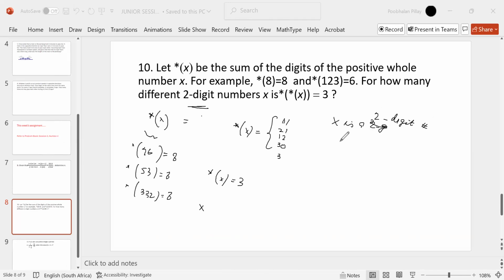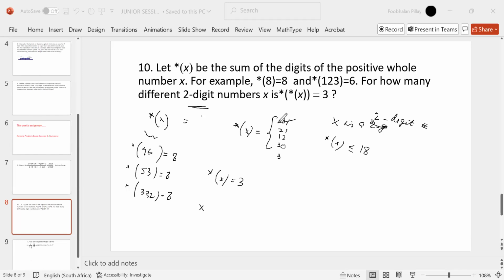Now, what does that mean? What's the largest value of star of x? You've got a 2-digit number. If you keep adding up the digits of this, the largest possible answer you get is 18, isn't it? 99. All the others will be smaller. So whatever x is, the largest value of star x is 18.